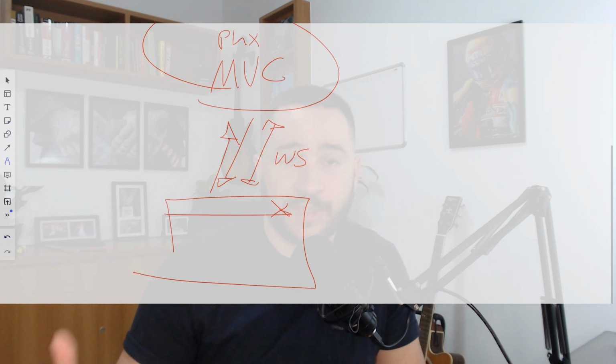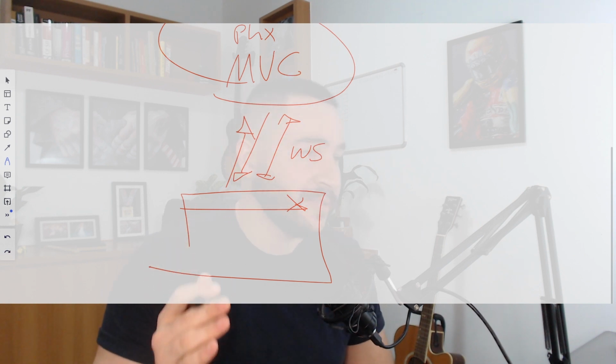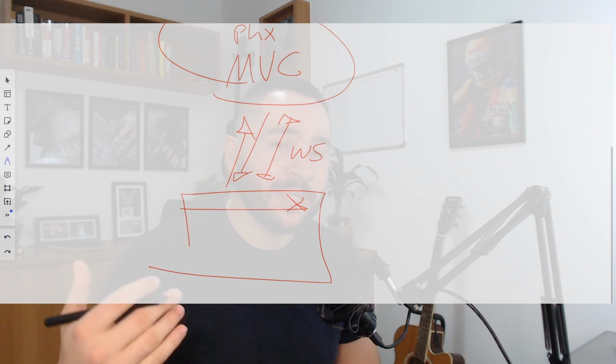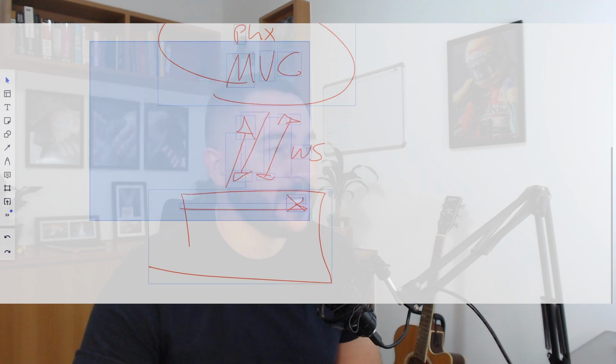Now let's look at this from the point of view of someone who is managing the team. When you are using a JS front-end framework, you have one application that is your core business.